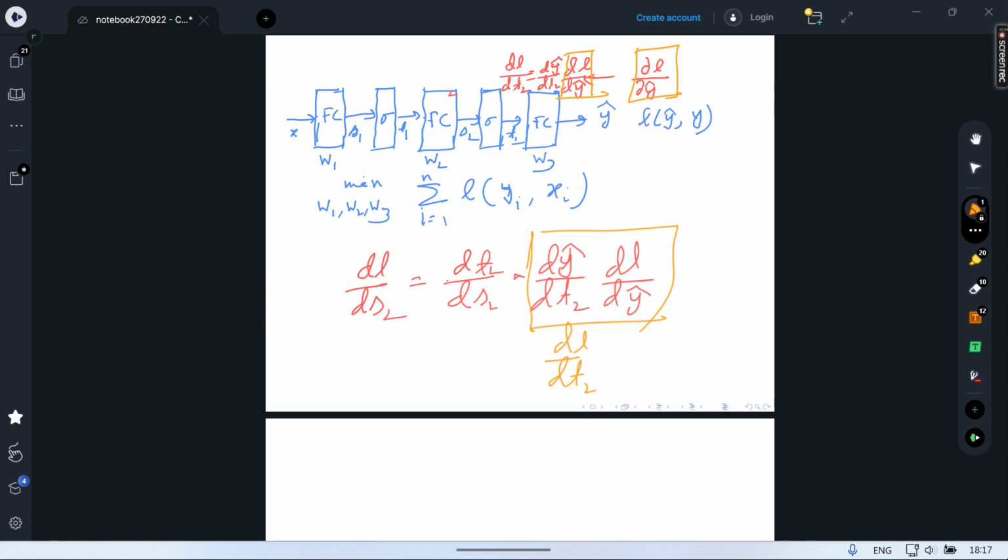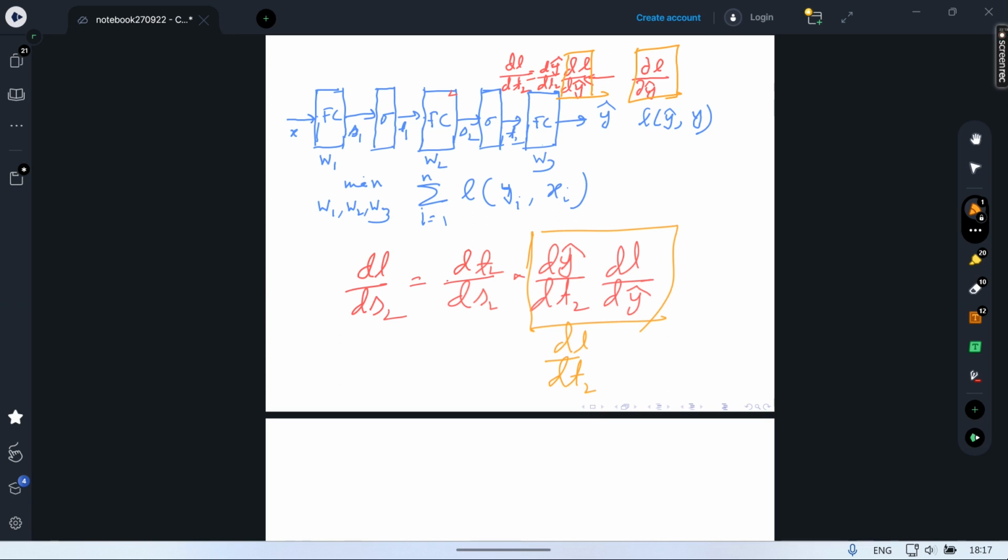So during back propagation you calculate the derivative layer by layer, starting from the last layer to the first layer. As you go from the last layer to the first layer, you multiply the derivative of the higher layer with the derivative with respect to the current layer to get the full derivative.